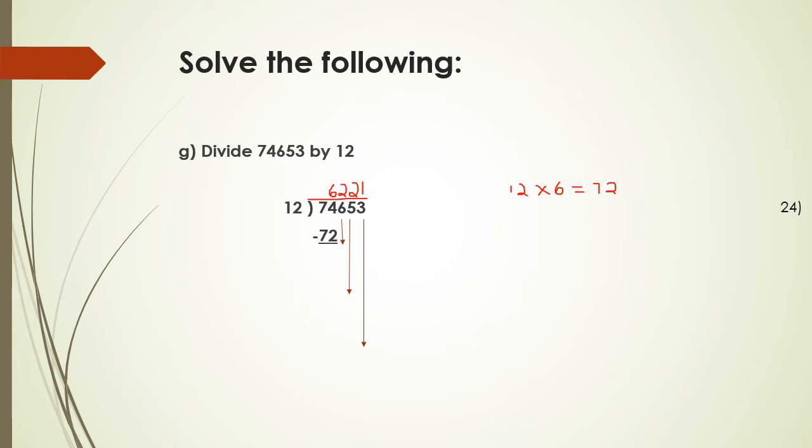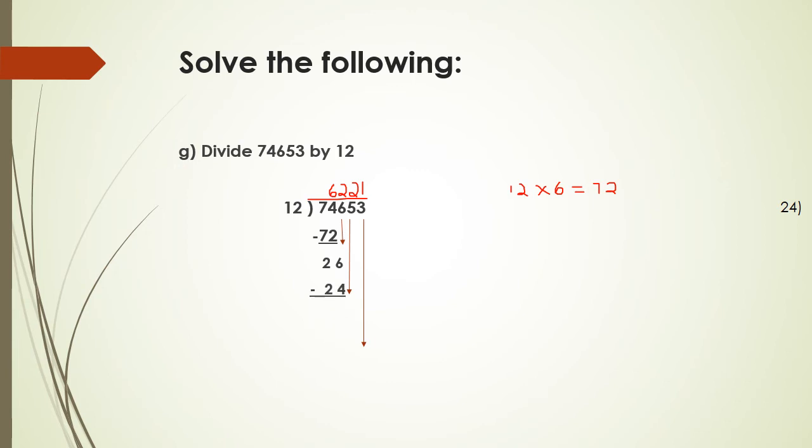Then the next step you have to subtract. 74 minus 72 you will get 2. So 2 you can't divide, you have to bring down the next digit 6, then you will get 26 as the number in the dividend. Now you have to divide 26 by 12. Then the next step you have to check how many 12s are there in 26.